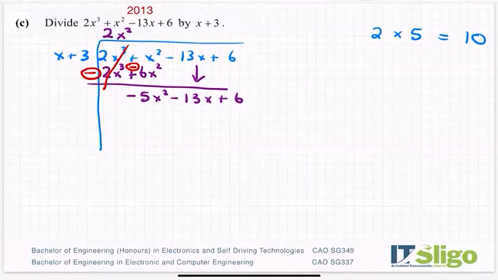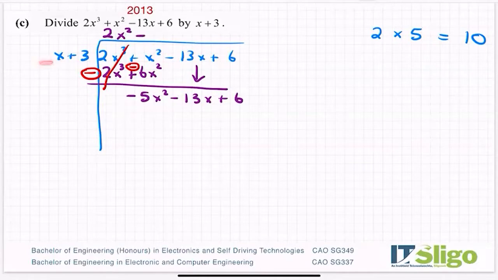So you could nearly ignore this whole area up here and you're going to ask yourself the exact same question. What must I multiply by x to bring it up to minus 5x squared? So it's like you do the exact same thing all over again. Well, the first thing you'll need is a minus.